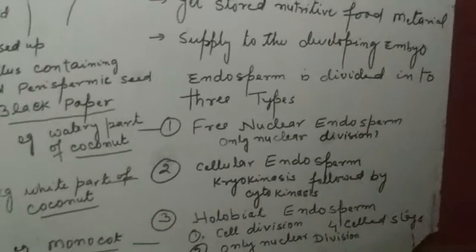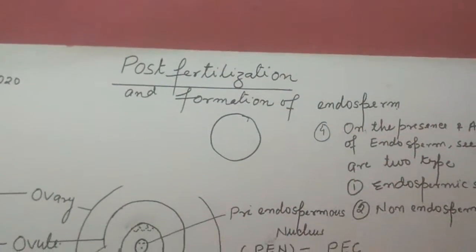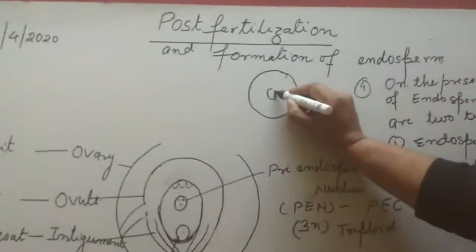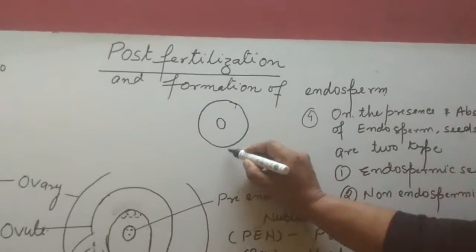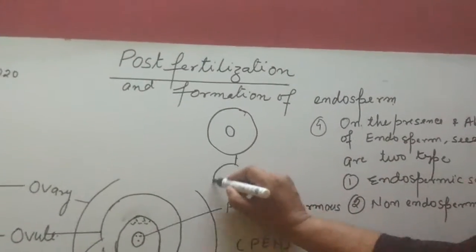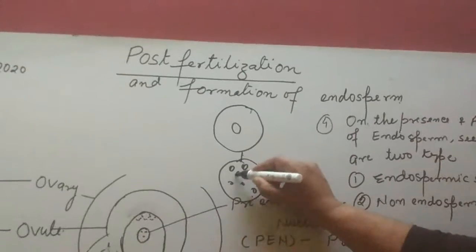First is the free nuclear endosperm. Look here, this is the cell. It has a triploid nucleus. Only karyokinesis occurs, which means only the nucleus divides many times.